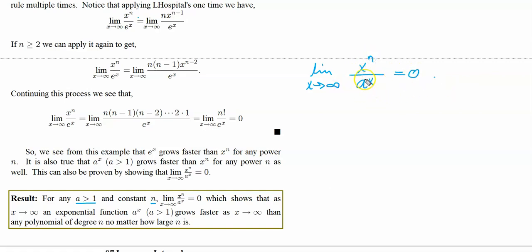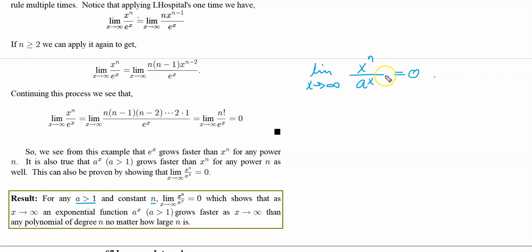So what this is saying, as long as the base of your exponential function is greater than 1, that a has to be bigger than 1, this exponential will grow faster than x to any power n. No matter what value you put in for this n, as large as you want, the exponential function here will still grow faster than x to the nth power.